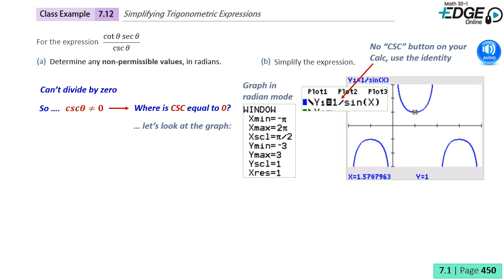We know this because on the graph it never crosses the x-axis. This just means that secant theta cannot be 0, and therefore makes no non-permissible values within the context of the largest fraction there, the cotan theta secant theta over cosecant theta.